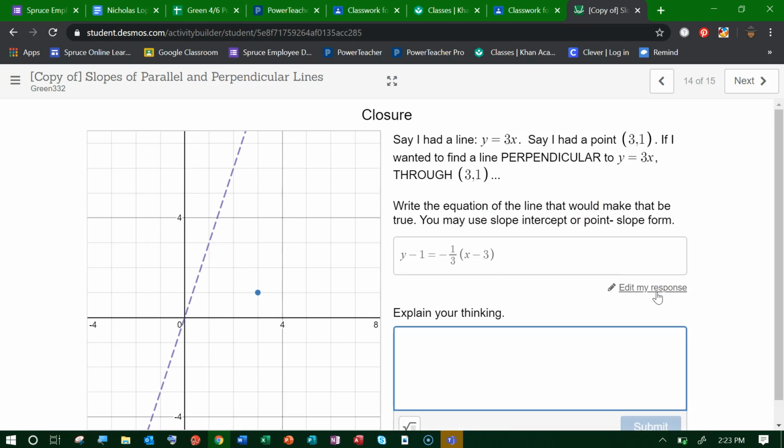All right. And to explain my thinking, again, I keep saying the opposite reciprocal of 3 is -1/3.